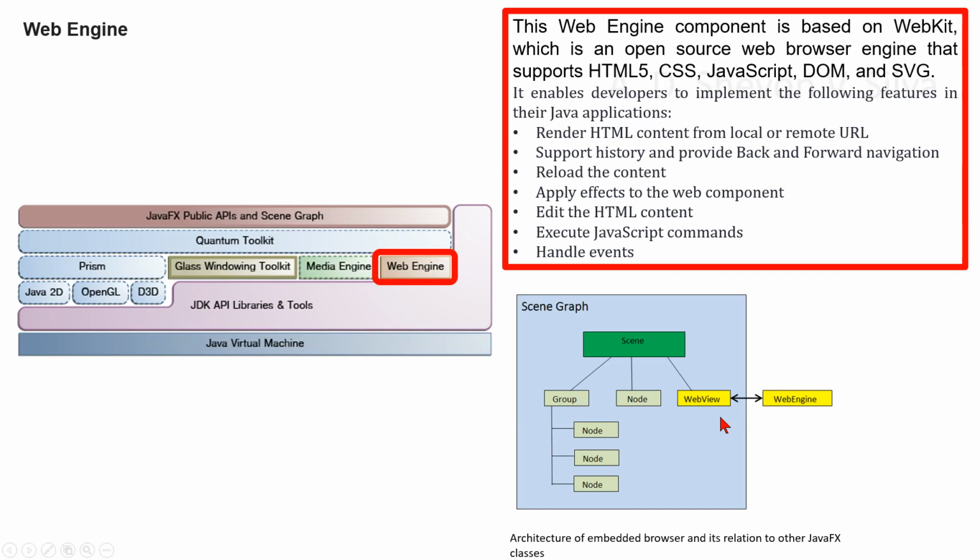This browser is based on WebKit, an open source web browser engine that supports HTML5, JavaScript, CSS, DOM rendering, and SVG graphics. The WebView class is an extension of the Node class.